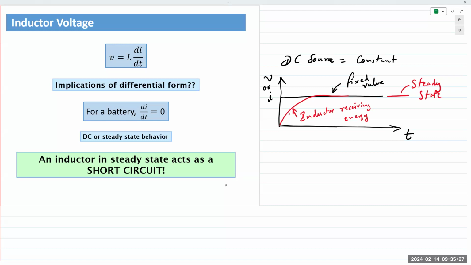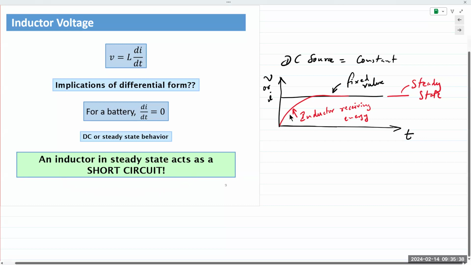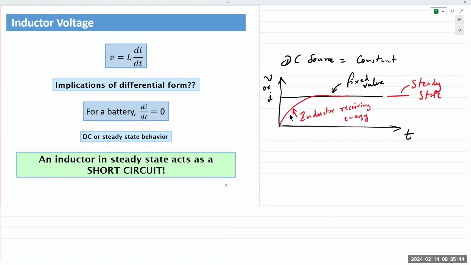Okay, so you apply a DC voltage. Once it reaches full charge, inductor voltage goes to 0, and it behaves like a short circuit. This is an important concept. If you're taking 251, you would have already done this experiment in lab 5.